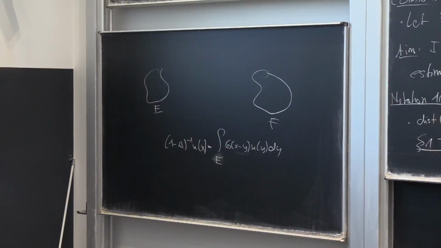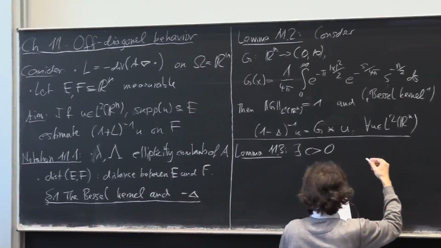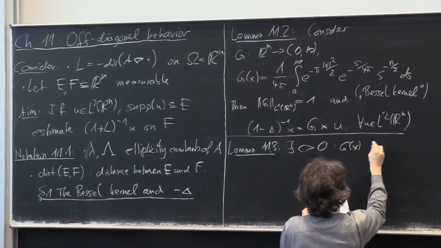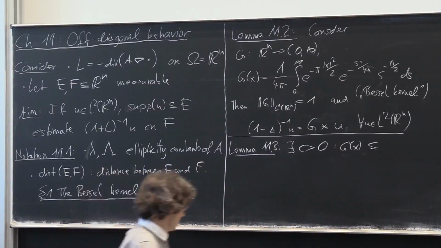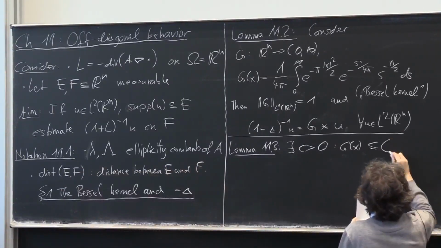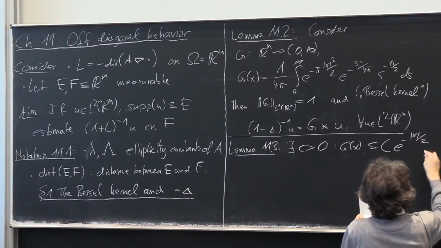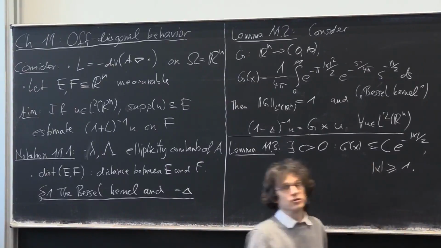And this is what Lemma 11.3 gives us. This lemma says for large x we have exponential decay. So there exists some constant such that you can estimate the value of g of x. I do not write absolute value here because g is positive anyway. So that g of x is bounded by a constant times e to the minus modulus of x halves. And this is true for all x that are larger or equal to 1.